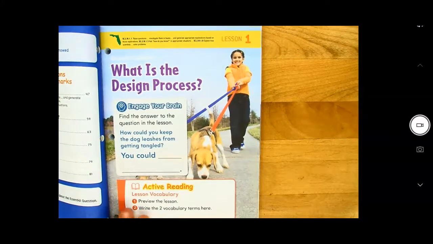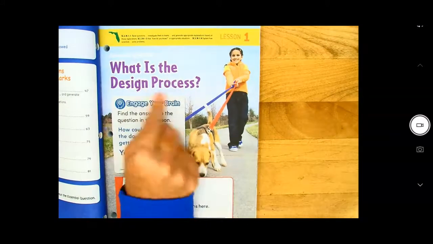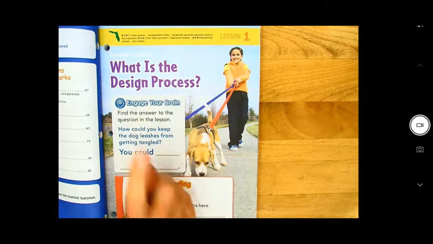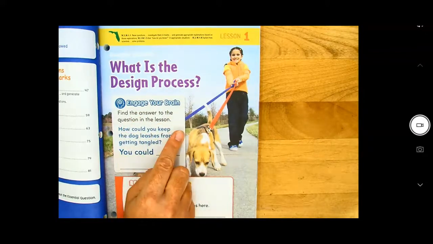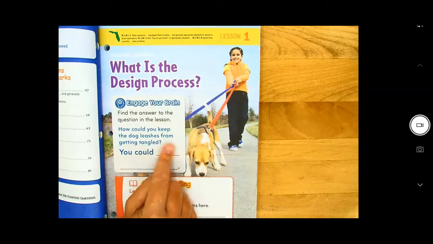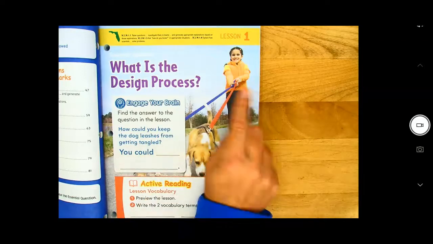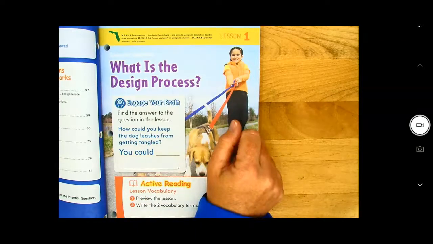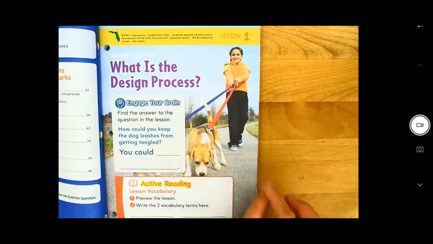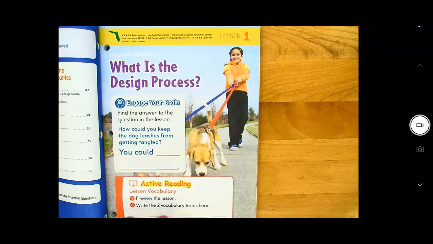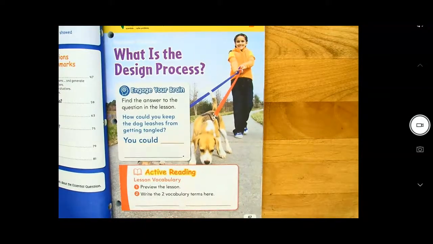Lesson 1. What is the design process? Engaging your brain. Find the answer to the question in the lesson. How could you keep the dog leashes from getting tangled? Okay, so we're thinking about different ways we can solve problems. Just like in our science experiments and in the other lessons, scientists think of different ways to solve problems.